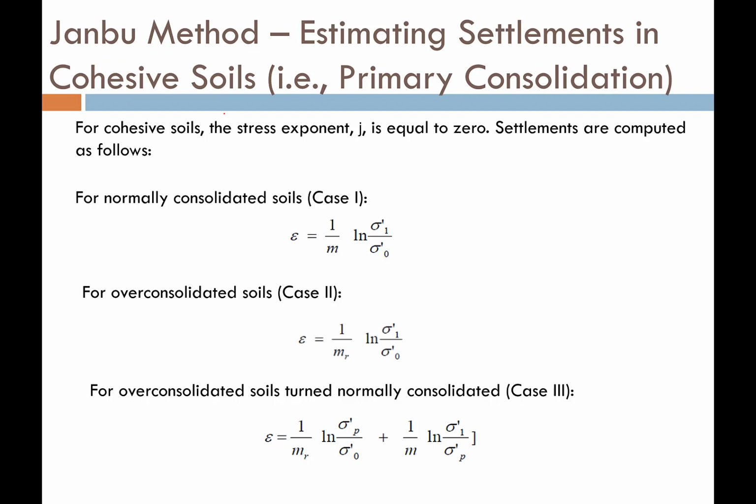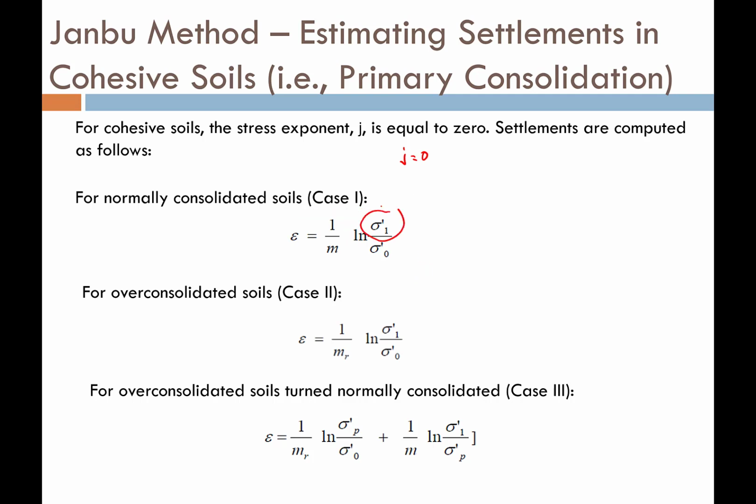If I have a cohesive soil, then J is equal to 0. And if J is equal to 0, then we're going to calculate strains according to these equations here. If I have a case 1 normally consolidated soil, I'm just going to use that equation right there.